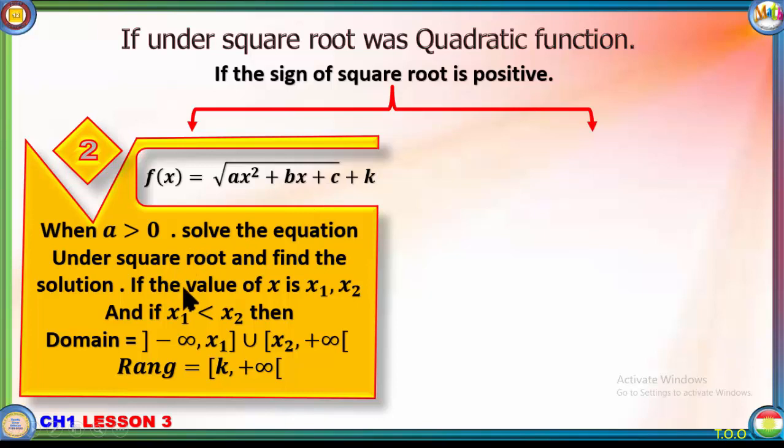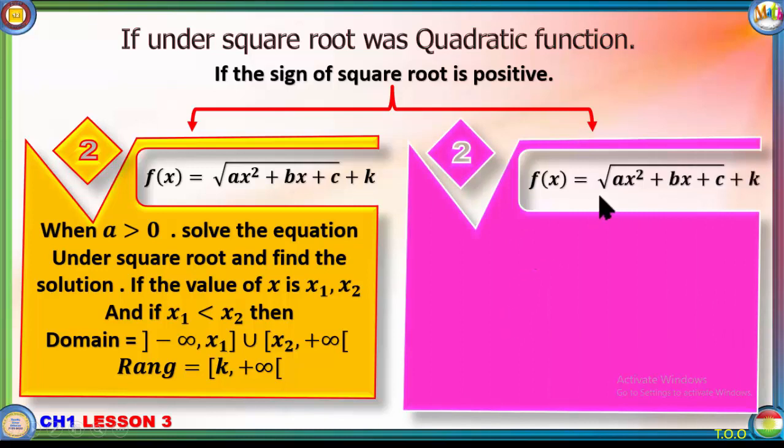If the values of x are x1 and x2, and x1 is smaller than x2, then the domain is from minus infinity to x1 and from x2 to the positive infinity, but the range is from k to the positive infinity because the sign of the square root is positive.